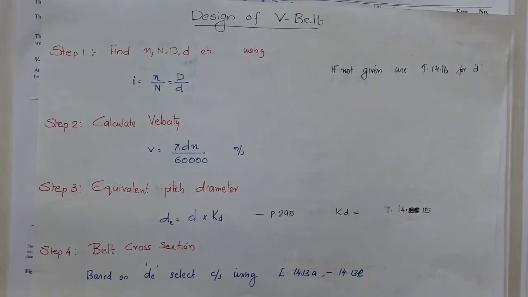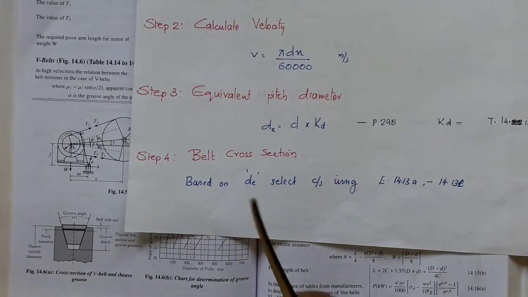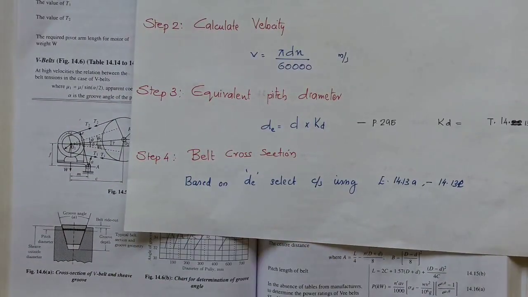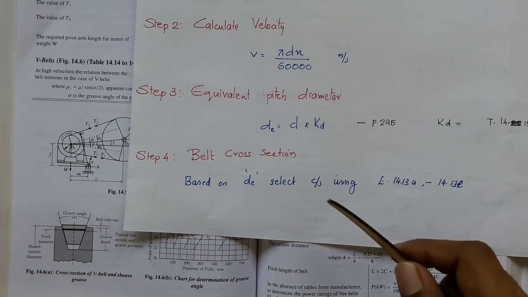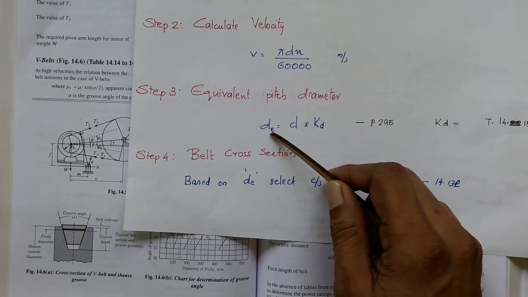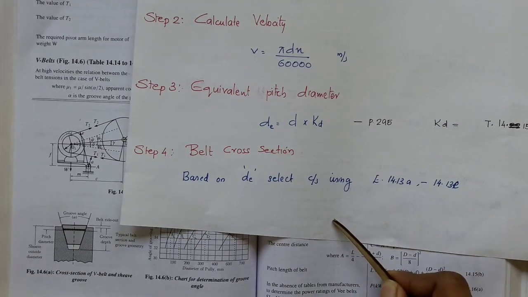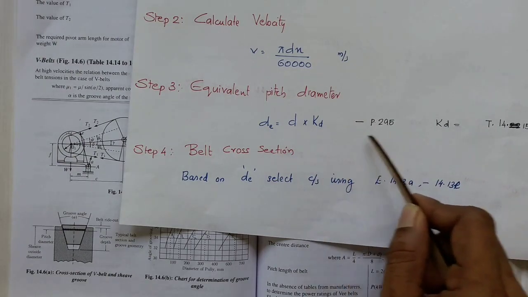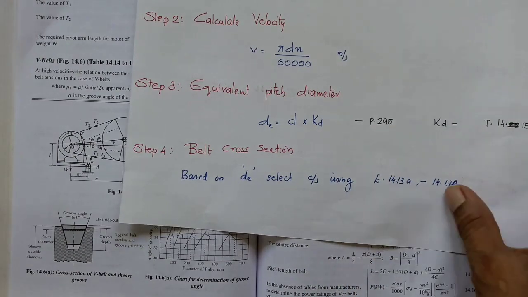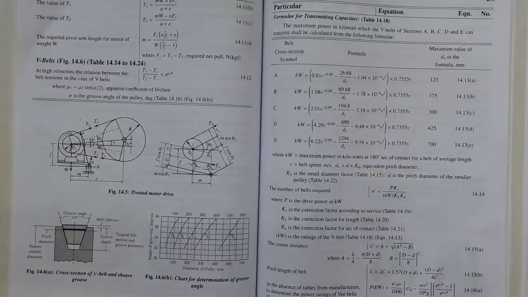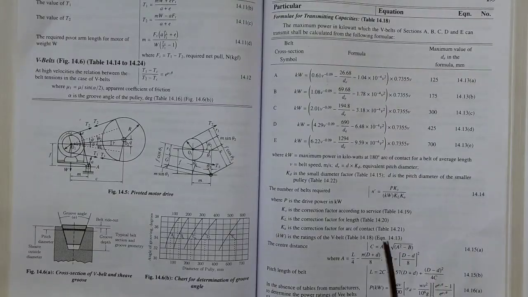Now moving forward, we have to explain step number 3 and step number 4 together, because we are using the value of equivalent pitch diameter for selecting the cross section. We have not specified any equation number because it is not specified in the data handbook. So let us have a discussion along with the data handbook. Kindly look here.